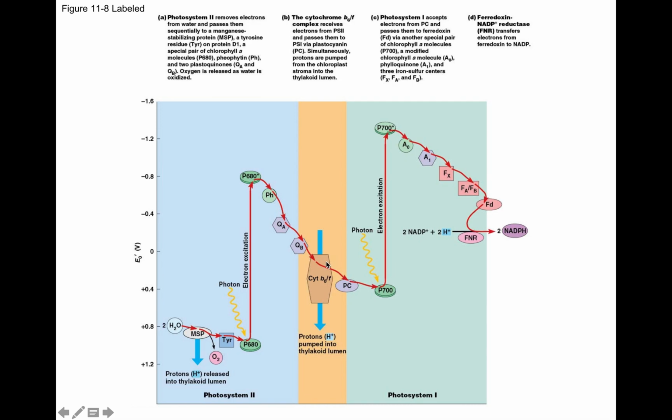Then, while this is happening, these guys are losing electrons. The same thing is happening in photosystem 1, that at the P700 reaction center, they're also going to lose electrons in the same manner, in that the antenna chlorophylls absorb photons.